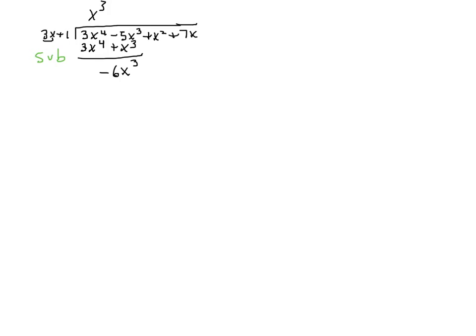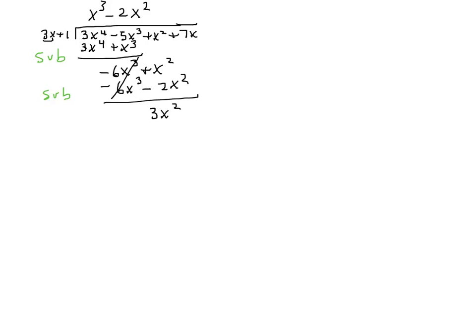I bring down my next term. I need to multiply this by negative 2x squared. That gives me negative 6x to the 3rd minus 2x squared. And I subtract. This cancels this out. 1 subtract negative 2 is 3x squared.